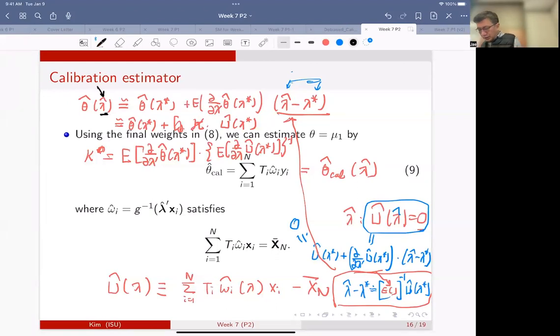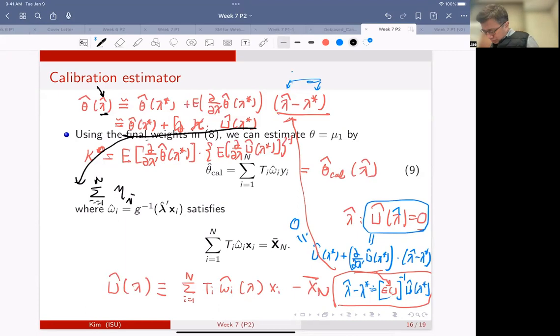So if you expand it, then this can be written as a linear function, a summation of some kind of eta i.